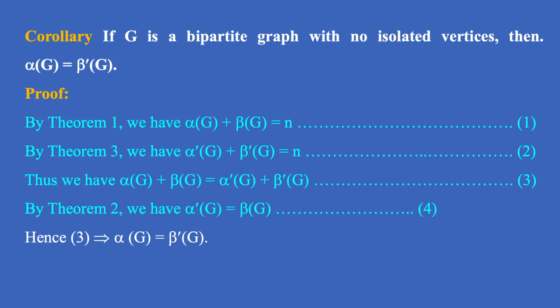So, by the theorem that we already did, we have alpha dash of G plus beta dash of G is equal to n. Thus, we have alpha of G plus beta of G is equal to alpha dash of G plus beta dash of G. So, by theorem 2 we have alpha dash of G is equal to beta of G. Hence, alpha of G is equal to beta dash of G.